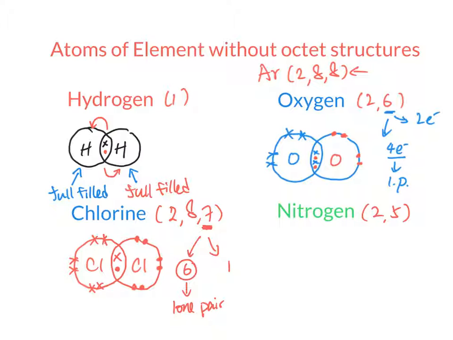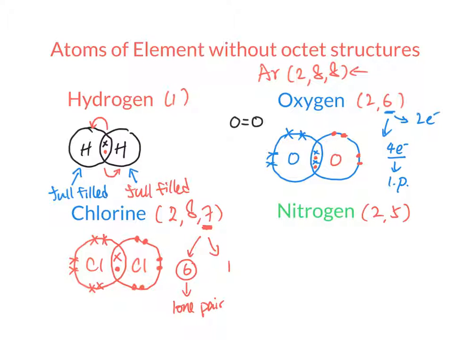From here you can count 4 plus 4 gives 8 electrons. We call this a double bond, so when you draw it simply, it has a double bond.